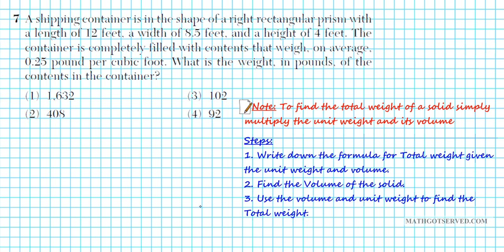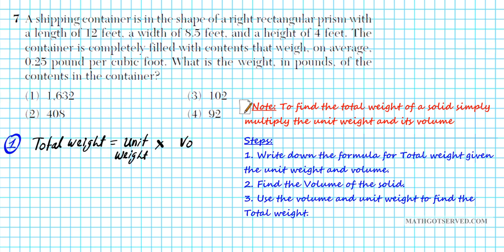Okay, so let's go ahead and start with step number 1. So for step 1, let's write down our formula that's going to guide our problem solving process. So the total weight of our solid is going to be equal to unit weight multiplied by what?